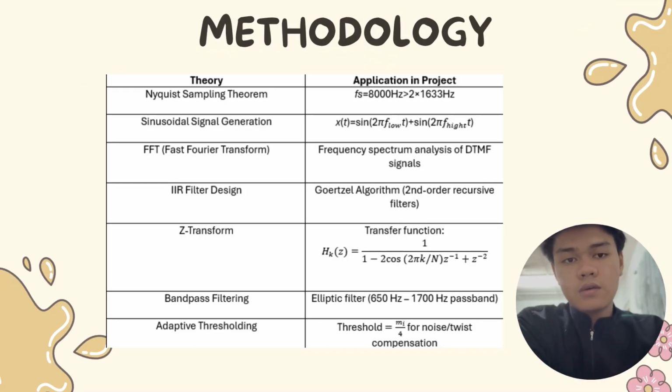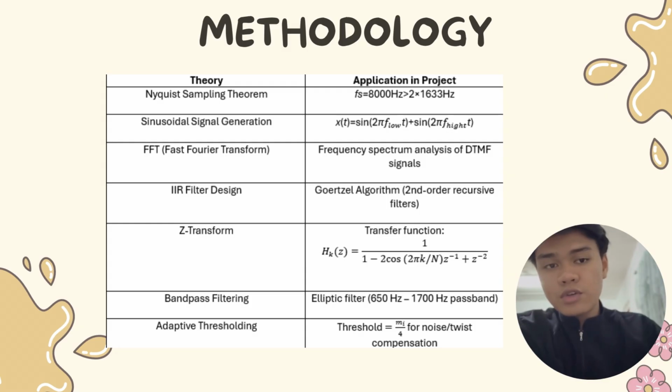So first, in Nyquist's theorem, we set the sampling frequency to 8000 Hz, which is more than double the highest DTMF frequency, so no aliasing occurs. The second is we generate the DTMF signal by adding two sinusoids, one low frequency and one higher frequency. The third is we use FFT to analyze the frequency spectrum. And the fourth is we use the Goertzel algorithm and a second order IIR filter.